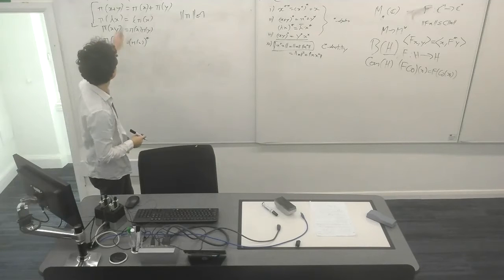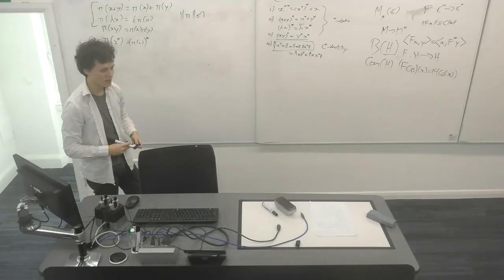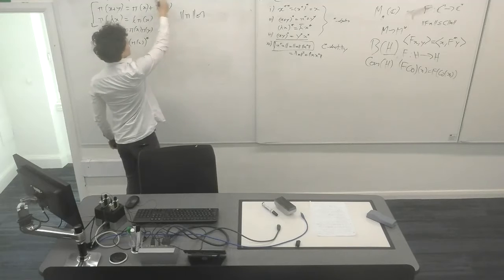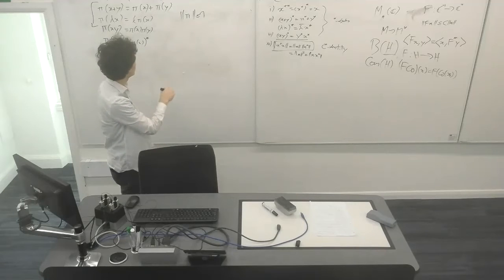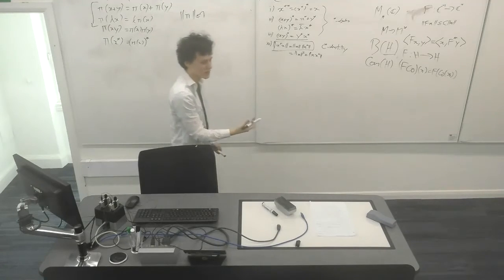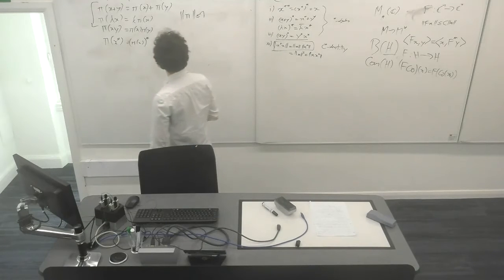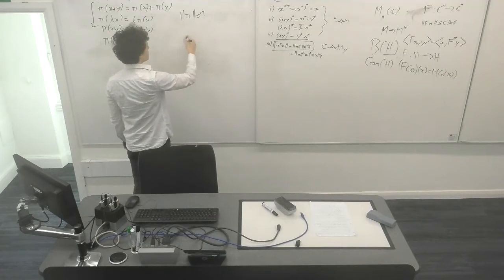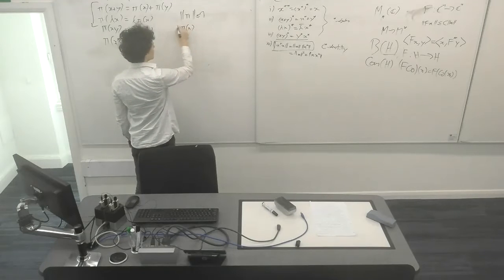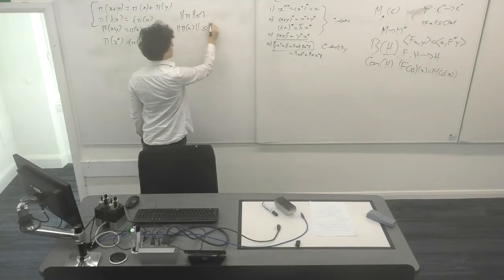Which actually means that this homomorphism is contractive. So as you go between rings, pi won't increase the size of the elements. Of course, pi less than or equal to 1 means that the norm of pi of x is less than or equal to the norm of x.